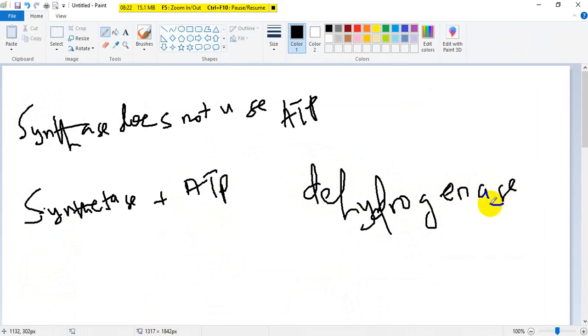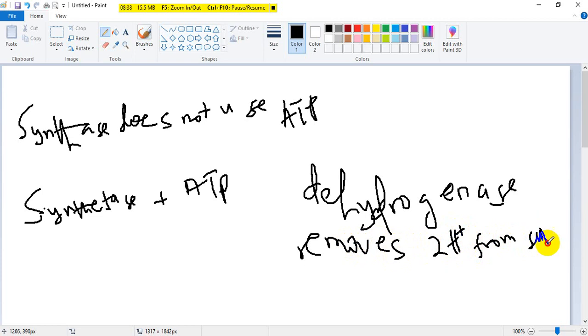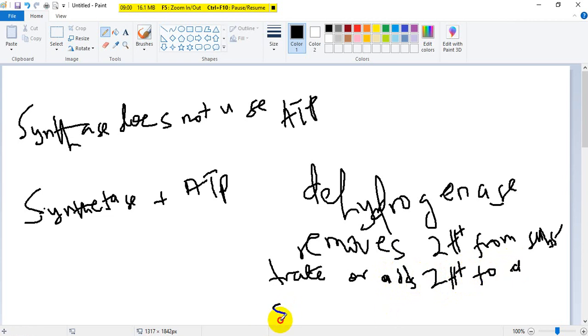Most of the time, it removes two hydrogens, two protons, from a substrate, or adds two protons to a substrate.